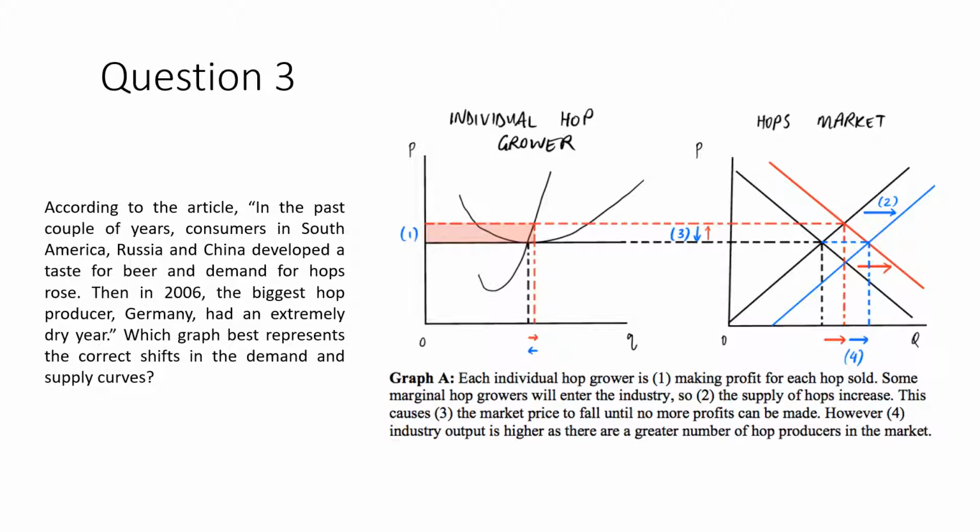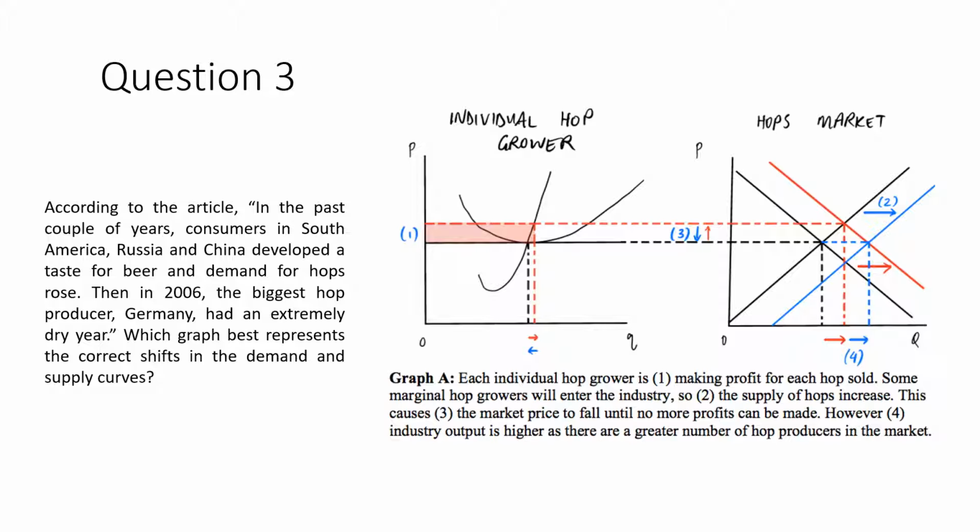The consumers in South Africa, Russia, and China increased their demand for beer, so the demand for hops rose. As Jack was saying earlier, this leads to a higher price and increased revenue for the firms in the short run. But the long run response is different from the short run response, as you can tell from the graph.